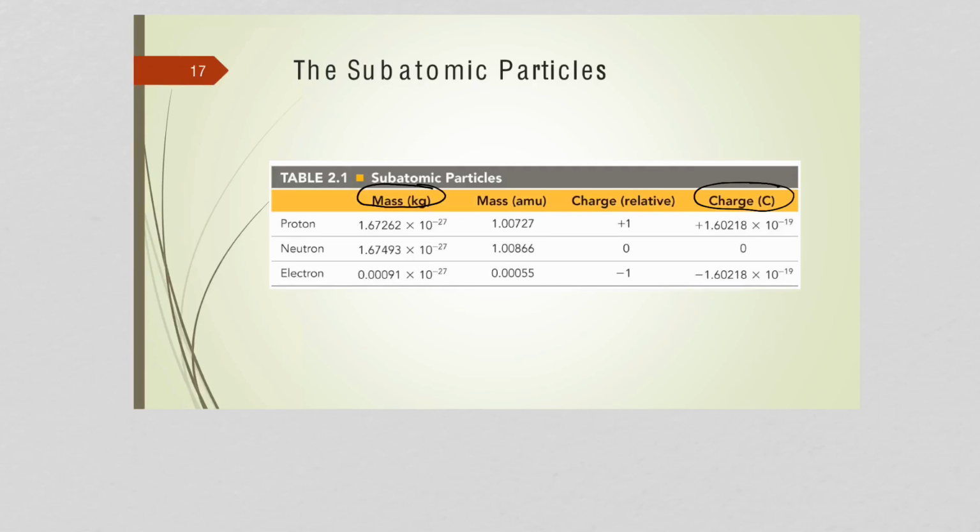Unless we're doing very specific types of calculations, which we don't typically do in this course, we don't really need to know the actual mass and the actual charge of these particles. What we really want to know is the relative charge and the relative mass.